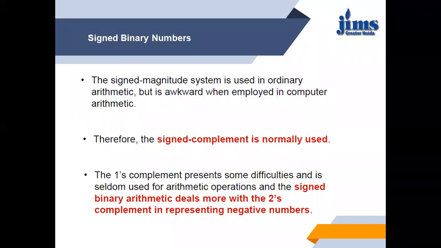What we do is represent the number in an 8-bit string, keeping its most significant bit 0, then taking its twos complement. And for twos complement, we take the ones complement and add 1 to it.